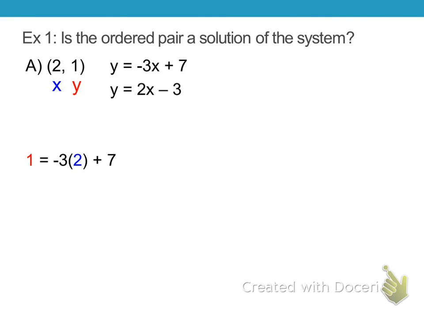So our first equation, when we plug in 2 and 1, we'd have 1 equals negative 3 times 2 plus 7. Just do order of operations on both sides. 1 equals 1. So it works in that equation, right? Now we have to try it in the other equation. So 1 equals 2 times 2 minus 3.